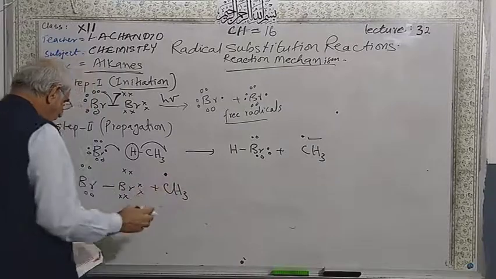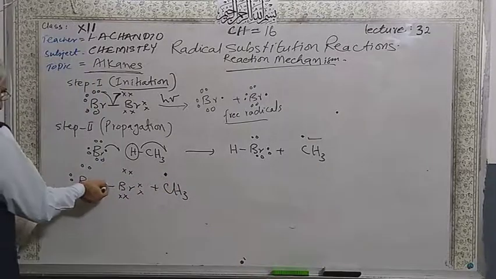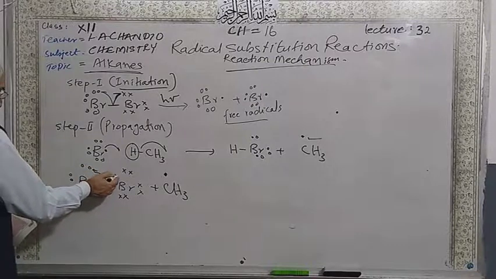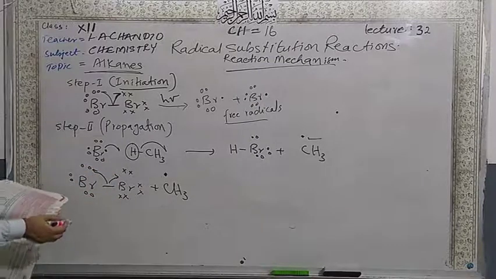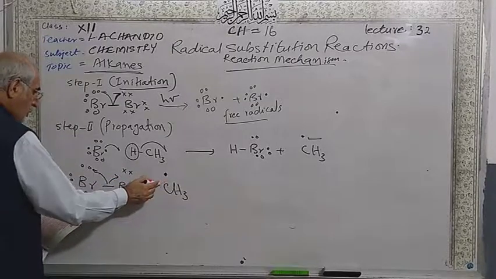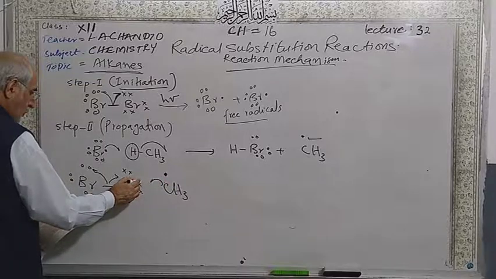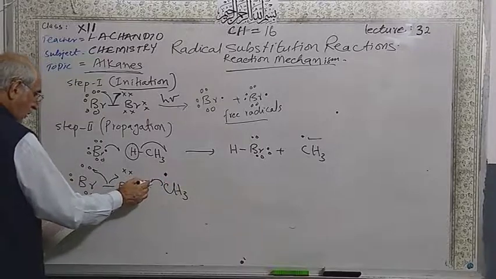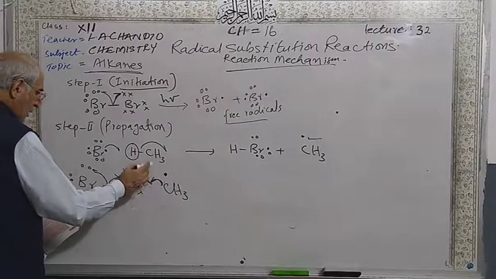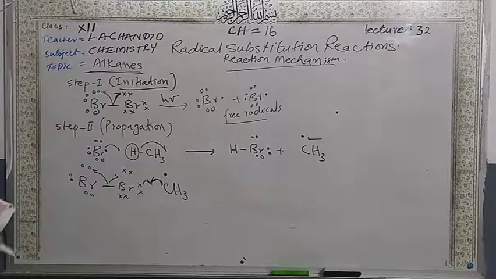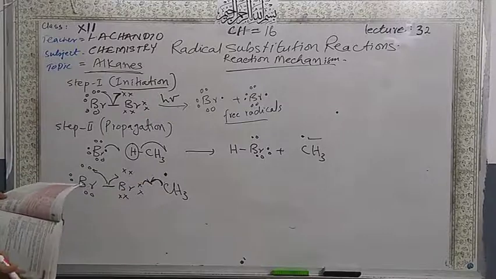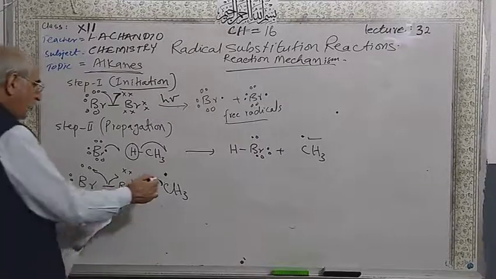The free radical methyl, so now there is a dissociation like this, and a bond is formed between bromine and methyl, like this. So this bond is going to be broken down, and the new bond is formed between the alkyl radical methyl and bromine.